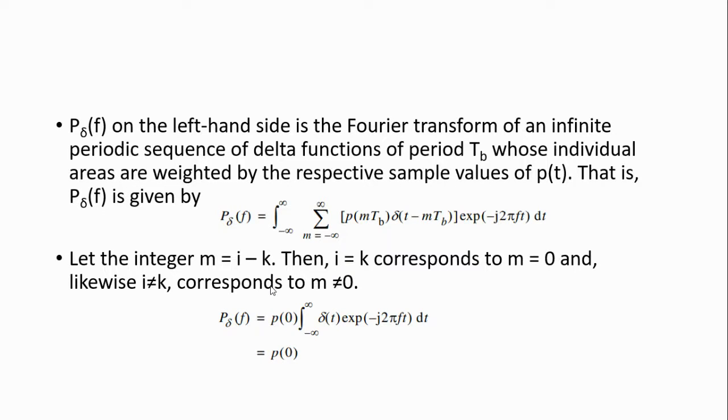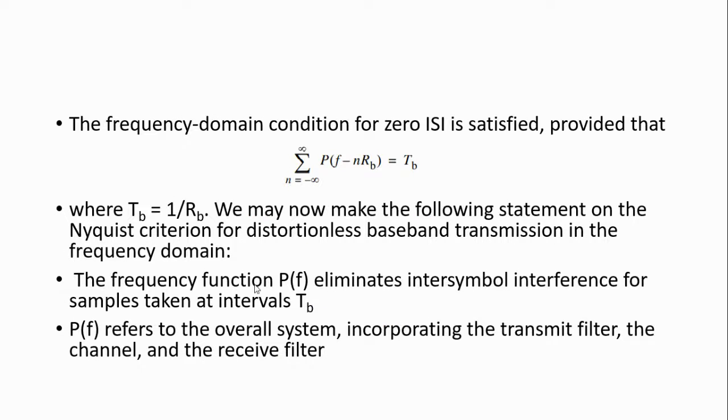Here, if we substitute p(0) equal to 1, we will get the frequency domain condition for zero ISI, which is satisfied when the summation from n equals minus infinity to plus infinity of P(f minus nRb) is equal to Tb, where Tb is equal to 1 divided by Rb.